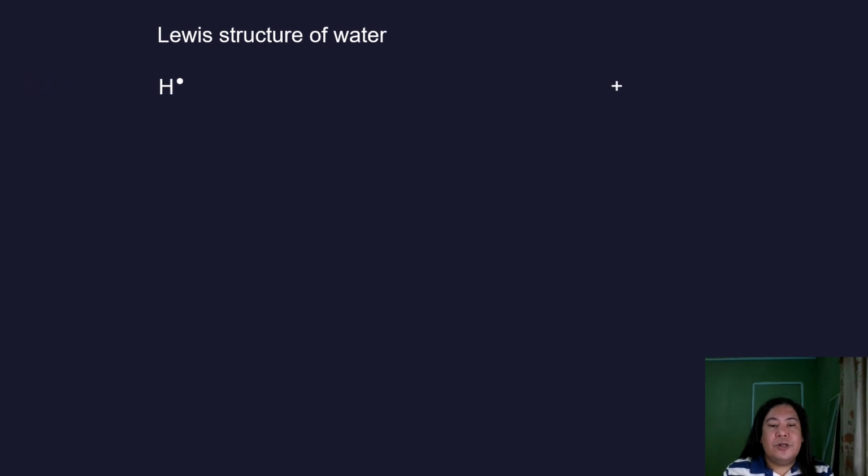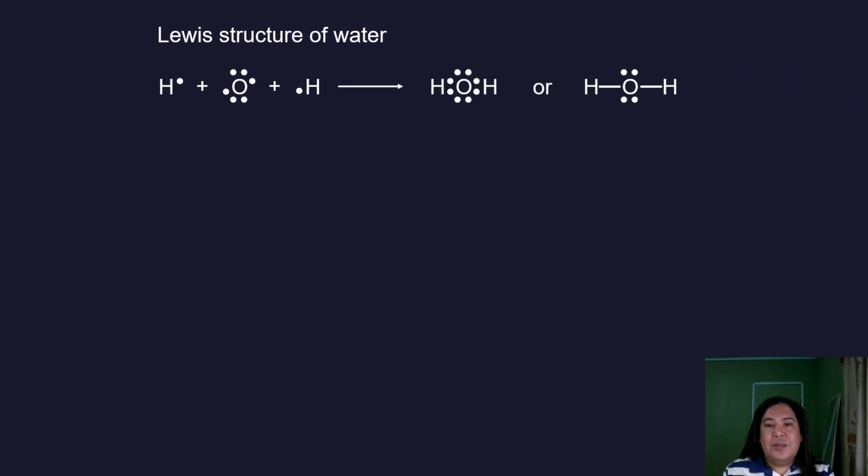Lewis structure of water. The Lewis symbol for hydrogen is H plus 1 dot, so 1 valence electron. Oxygen has 6 valence electrons, so it has 6 dots. In the formation of water, this is the most accepted structure because you have shared electrons.